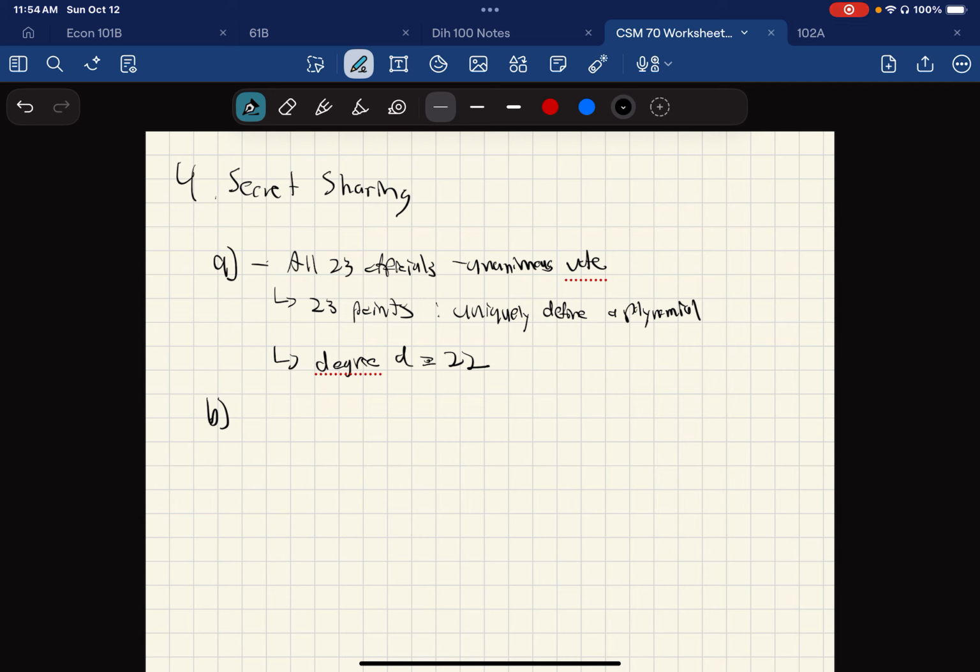All right, moving on to B. If official I wants to vote in favor for the law, what must they do? And what if they want to vote against the law? If official I wants to vote in favor for the law, they want their point to be one of the unique points to get polynomial P of x.